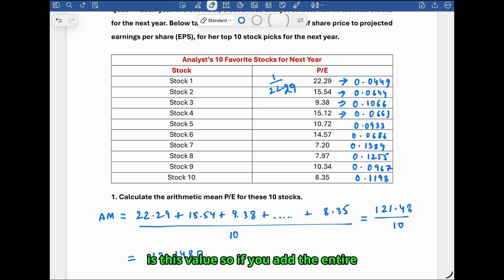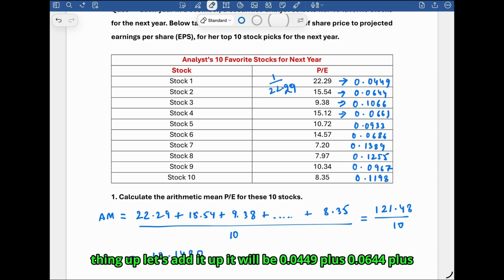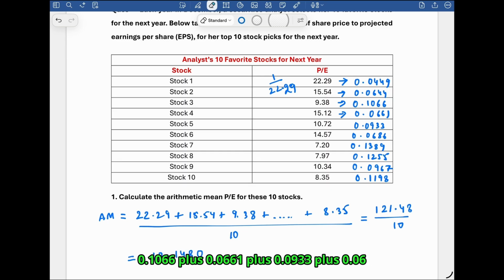So if you add the entire thing up, let's add it up. It will be 0.0449 plus 0.0644 plus 0.1066 plus 0.0661 plus 0.0933 plus 0.0686 plus 0.1389 plus 0.1255 plus 0.0967 plus 0.1198.